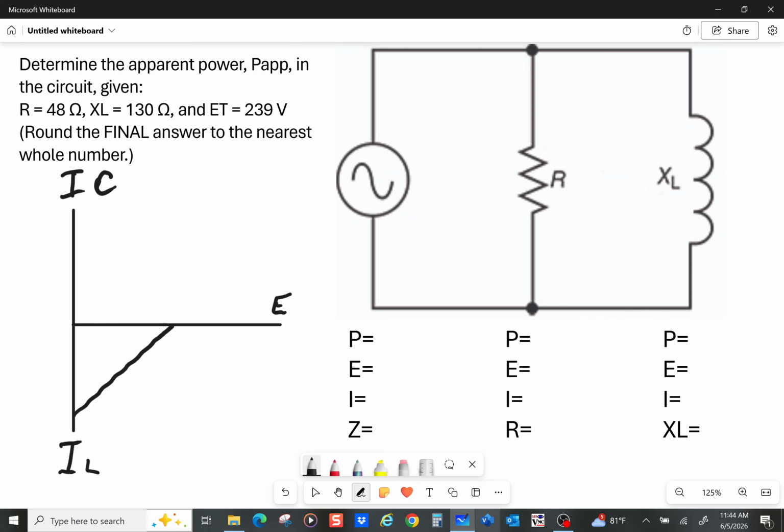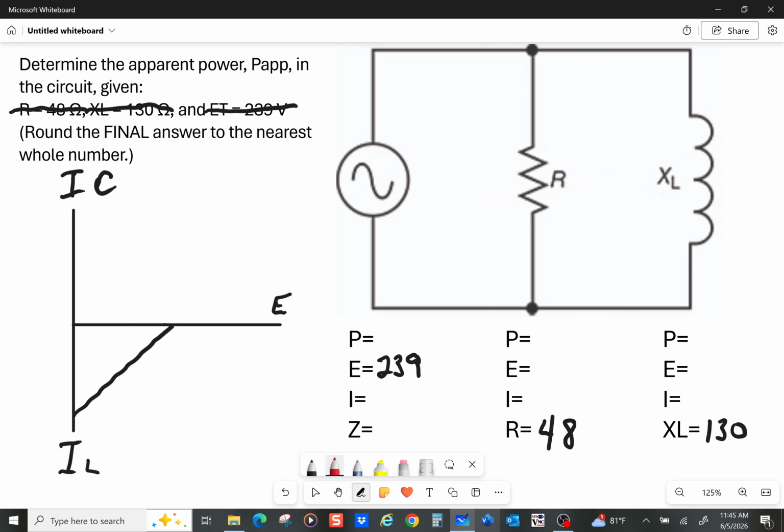We can see in our question we have a resistance value of 48 ohms, so I'm going to put 48 ohms over here at my resistor. I've got an XL, or inductive reactance, of 130 ohms, so we'll write down our 130 ohms over here, and we'll scratch that off. And I have a source voltage of 239 volts. So here's my 239 volts.